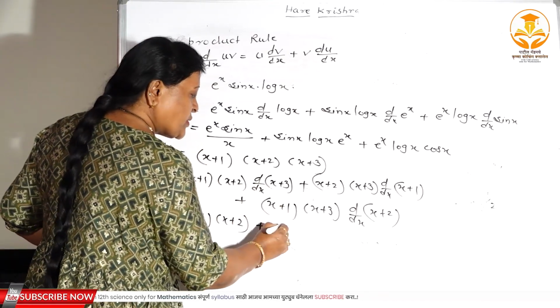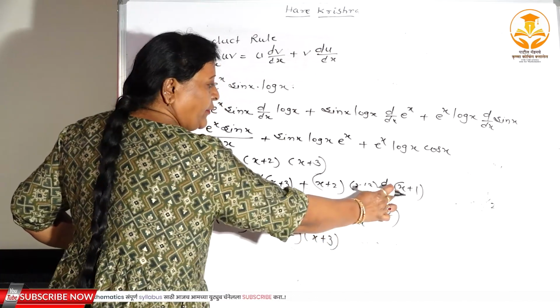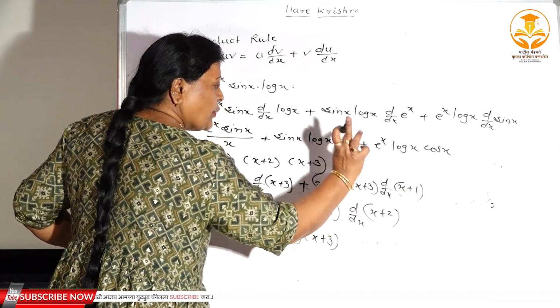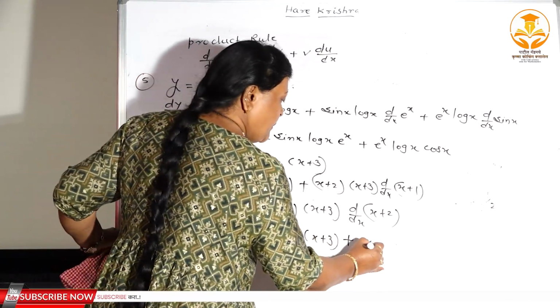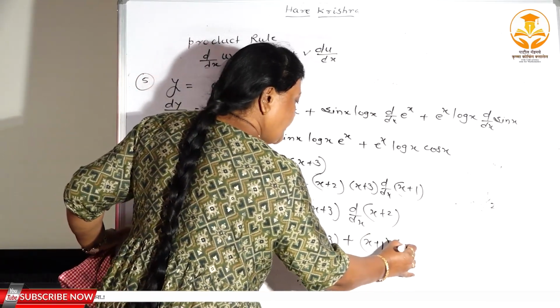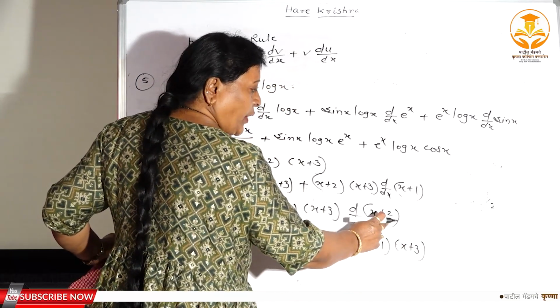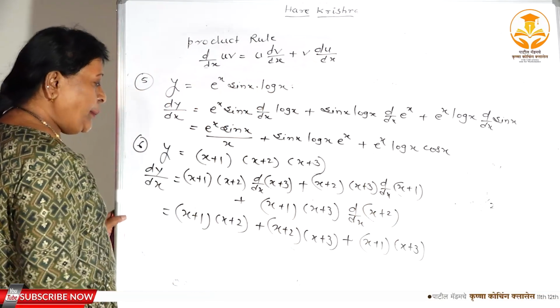Again x plus 2, x plus 3 remain as it is, derivative of x is 1 and the derivative of 1 is 0, therefore again 1 plus 0, that is equal to 1. No need to write 1, isn't it? Again x plus 1, x plus 3. See here, the derivative of x is 1 and the derivative of 2 is 0, 1 plus 0, again 1, right?